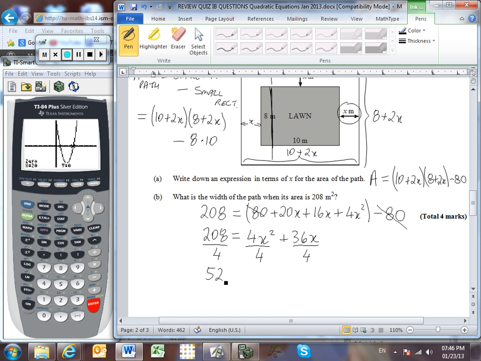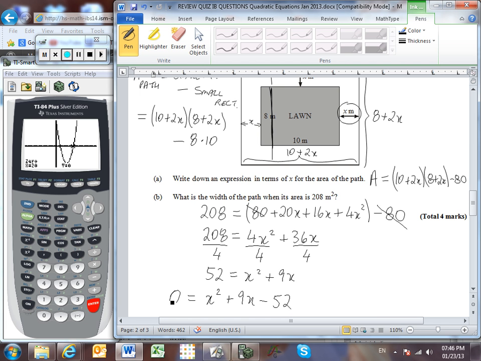Now I've got 52 equals x squared plus 9x. I'm moving everything to the right, actually, because x squared was already a positive. I want to leave it on the right. And so my 52, as it comes across, will become a negative 52, and I'm left with a 0 on the left.